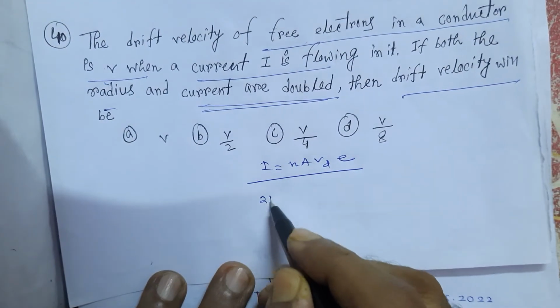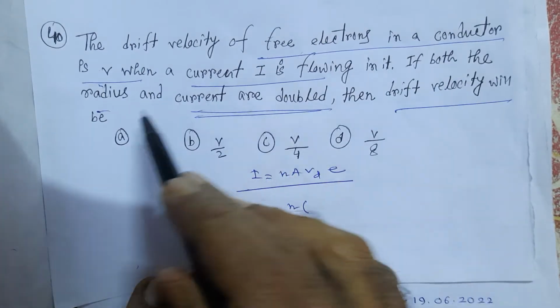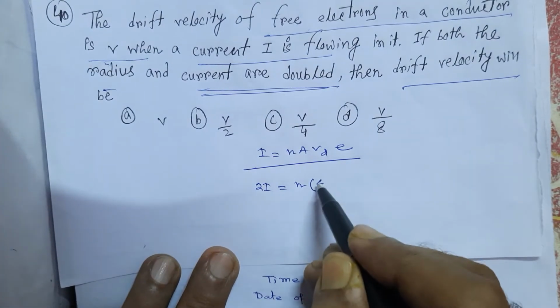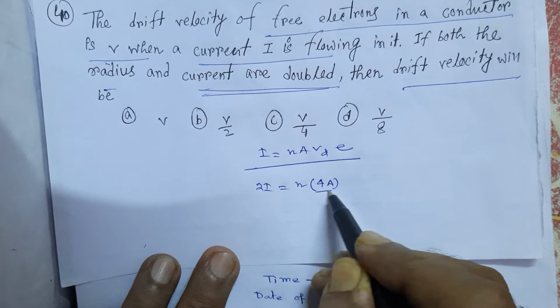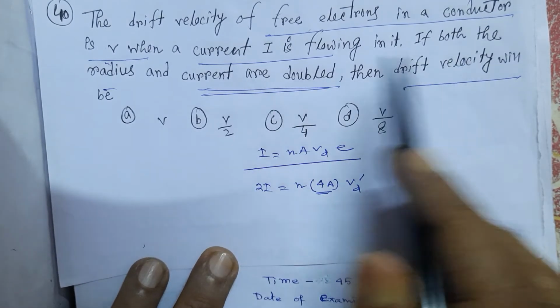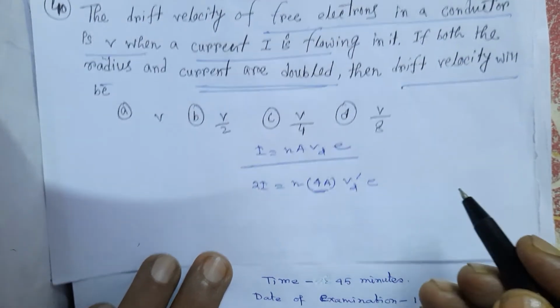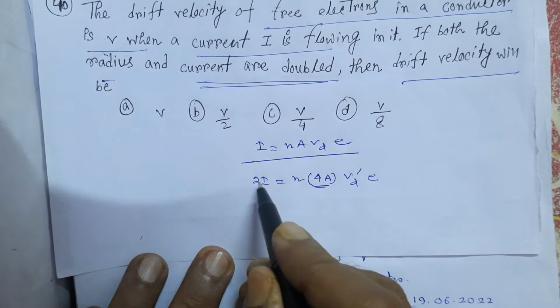Current is twice I. There is no change in N, but if the radius is doubled, then the cross-sectional area is 4 times. Take the new drift velocity as V_d dash.